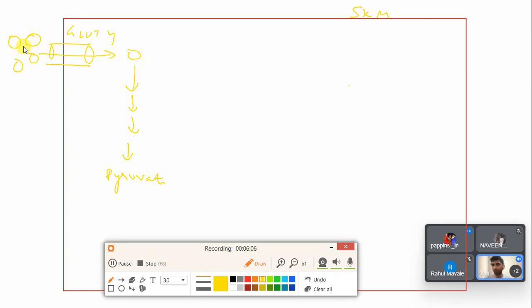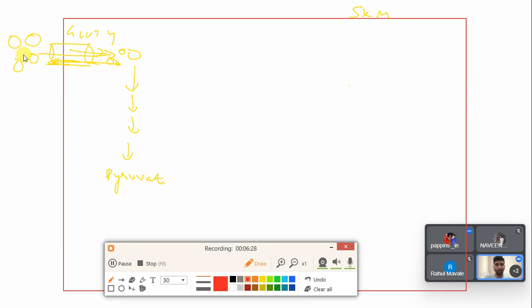Now when this glucose goes in, if a lot of glucose comes in, since it's GLUT4, a lot of glucose comes inside the cell. Can this glucose escape back to the interstitial fluid?